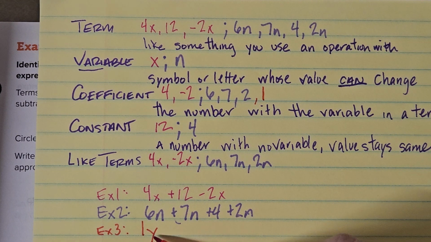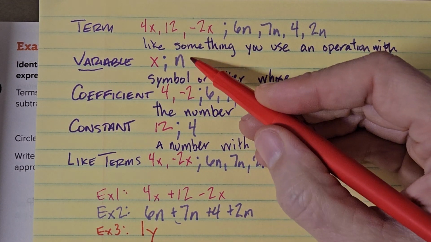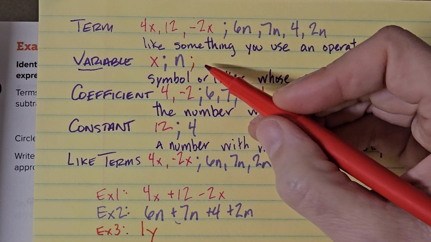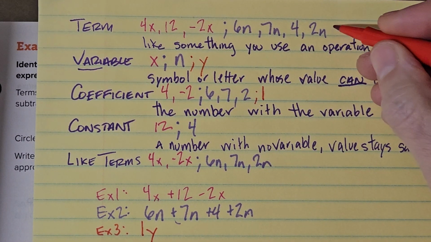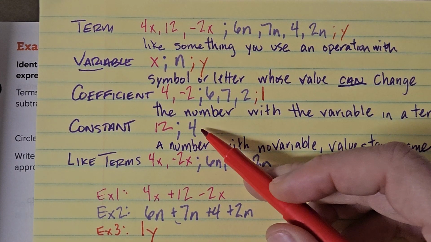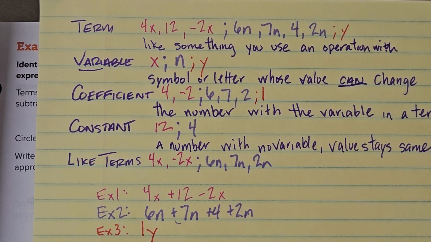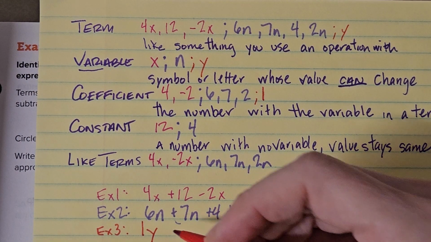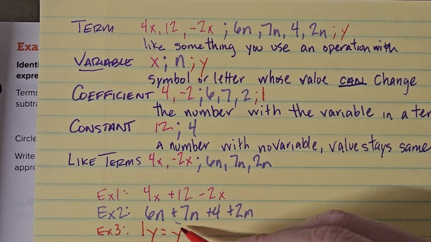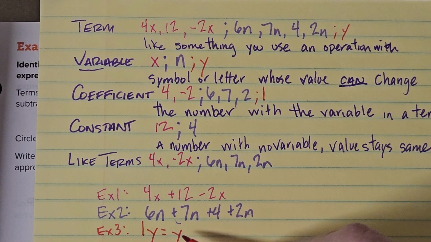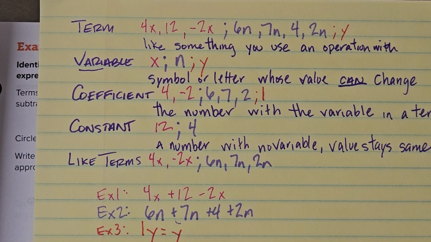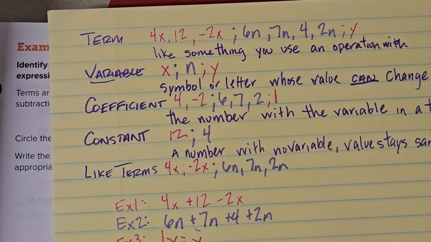So in example 3, that would be the coefficient. In example 3, the variable would be y, the only term was y, and there were no constants, and there are no like terms. There's only one term. Okay, but 1y is just y. So if you ever see a variable all by itself, the coefficient would be 1. Okay, so let's use that information.